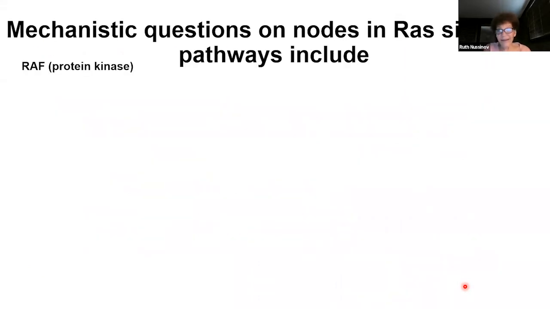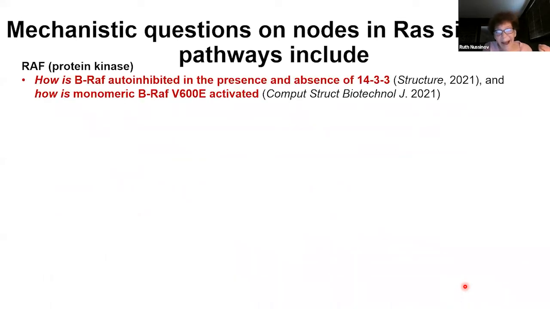As to mechanistic questions on nodes in RAS signaling pathways that we have been looking at so far, these include RAF. In RAF, how is B-Raf auto-inhibited in the presence and absence of 14-3-3?